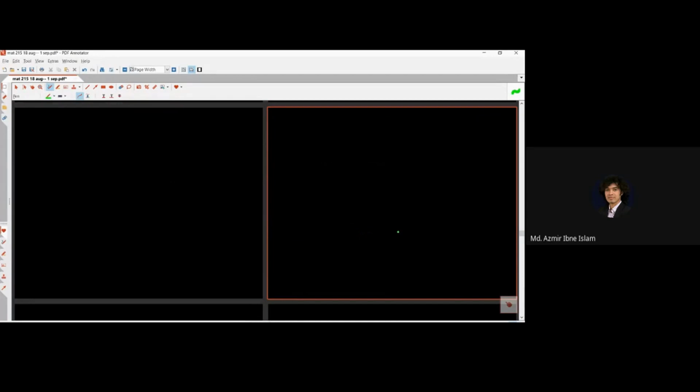Suppose we have an integration of 1 over z cube dz. Okay, let me take a complicated one so that you can understand from the very first time.